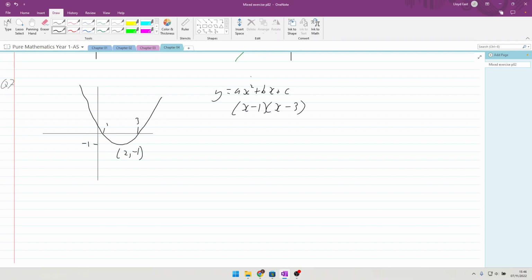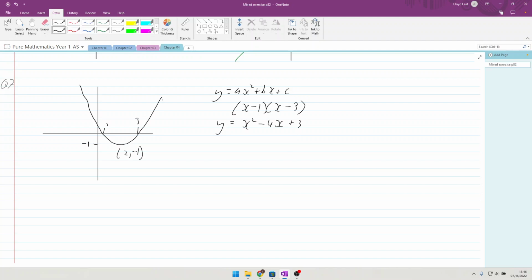Okay, so I think that should be it straight up, shouldn't it? x squared minus 1x minus 3x, minus 4x, and minus 1 times minus 3 is plus 3 equals y.